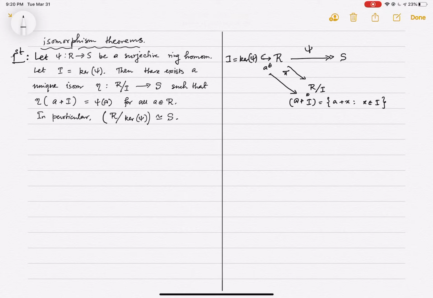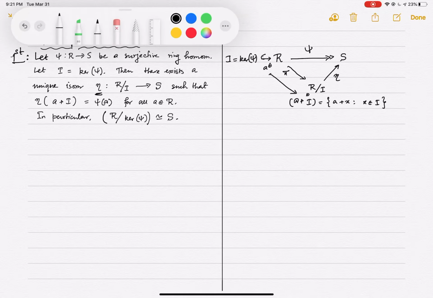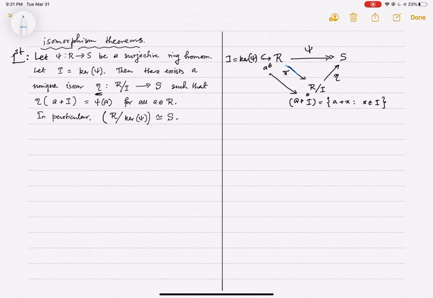Given this, the first isomorphism theorem says that there exists a unique isomorphism from R mod I to S, denoted by eta here, such that going down like this and then going up like that amounts to going right.